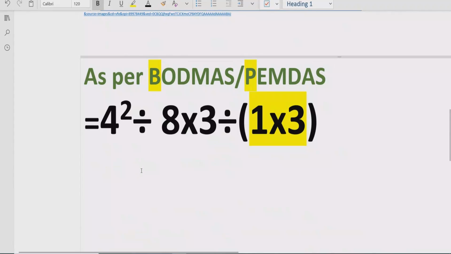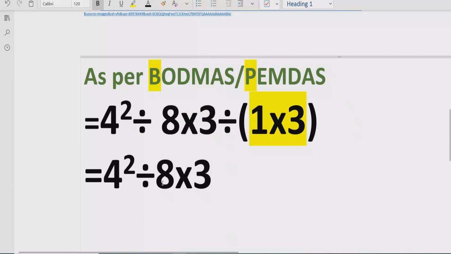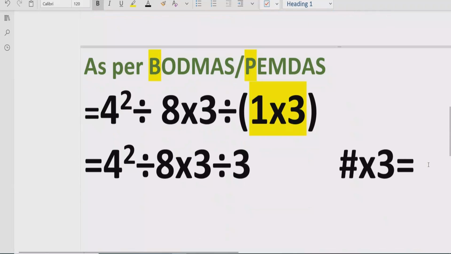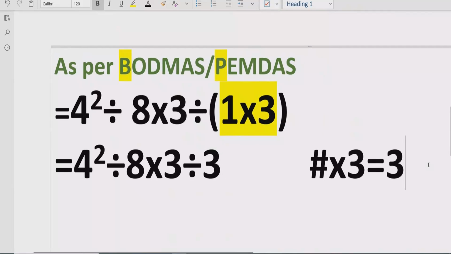We will write it like this: 4 raised to power 2 divided by 8 multiplied by 3, divided by the bracket. And here we have solved 1 multiplied by 3 equals 3. First we solve the bracket. So here we write 3.